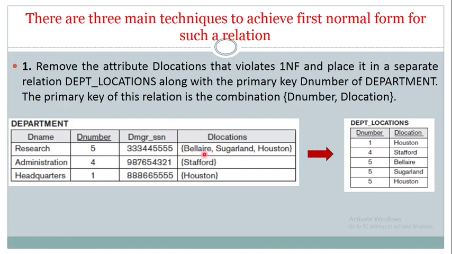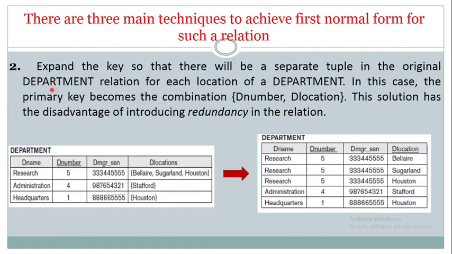Let us look into the other two techniques. Expand the key so that there will be a separate tuple in the original department relation for each location of a department. In the department table itself, we split this single row into 3 rows.